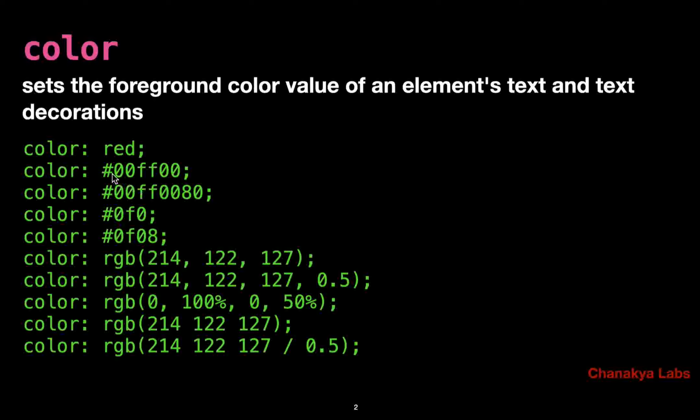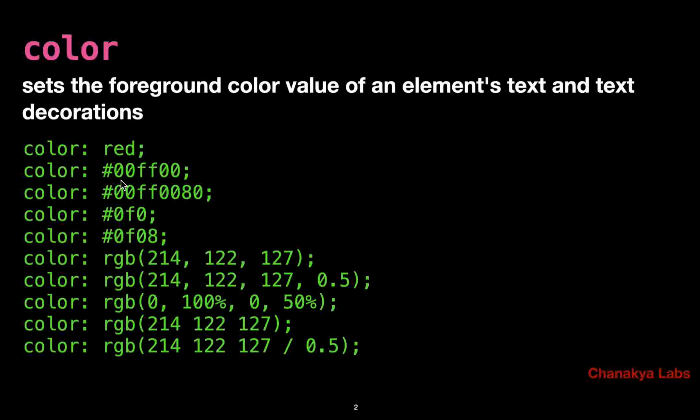What happens is that you put a hash, and after that you put 6 digits, 6 letters, and these letters are basically hexadecimal numbers, and each two letters, since 6 means 2 letters each, will consist of one 8-bit value, which will basically say that from 0 to 255, that range we are targeting through these two characters.